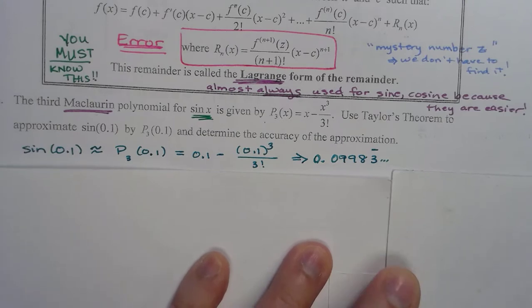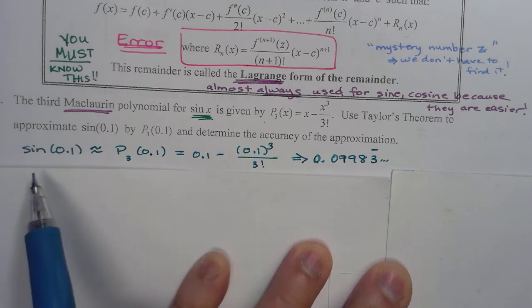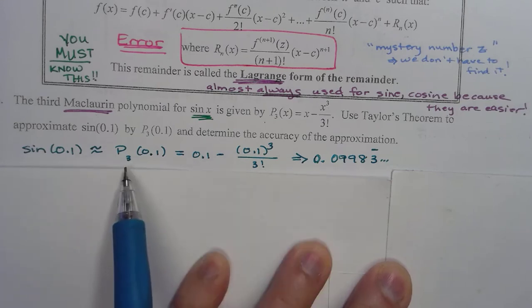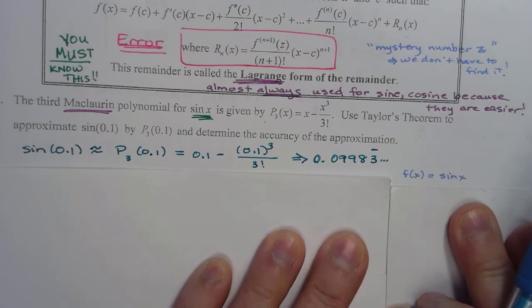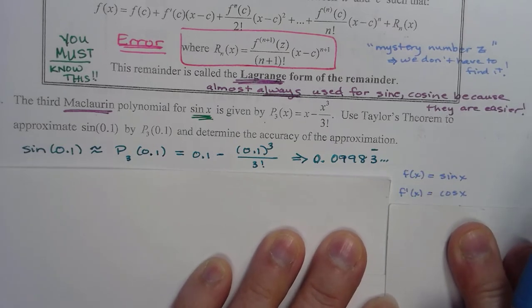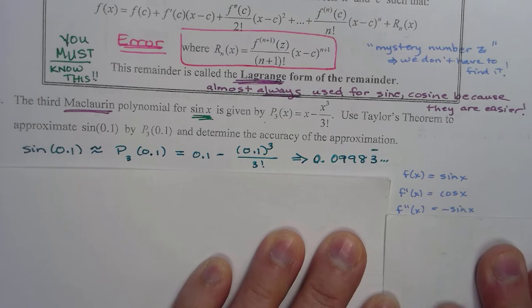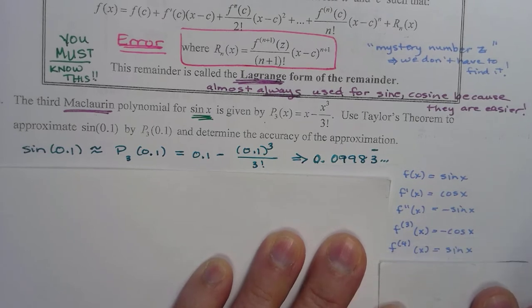So to use our Lagrange error bound, we now need to think about what our remainder is going to be. This is our approximation using our third degree Taylor polynomial, so that means we need our fourth derivative. Here's our 0th derivative, first derivative of sine, second derivative, third derivative, fourth derivative. The fourth derivative is back to sine itself.